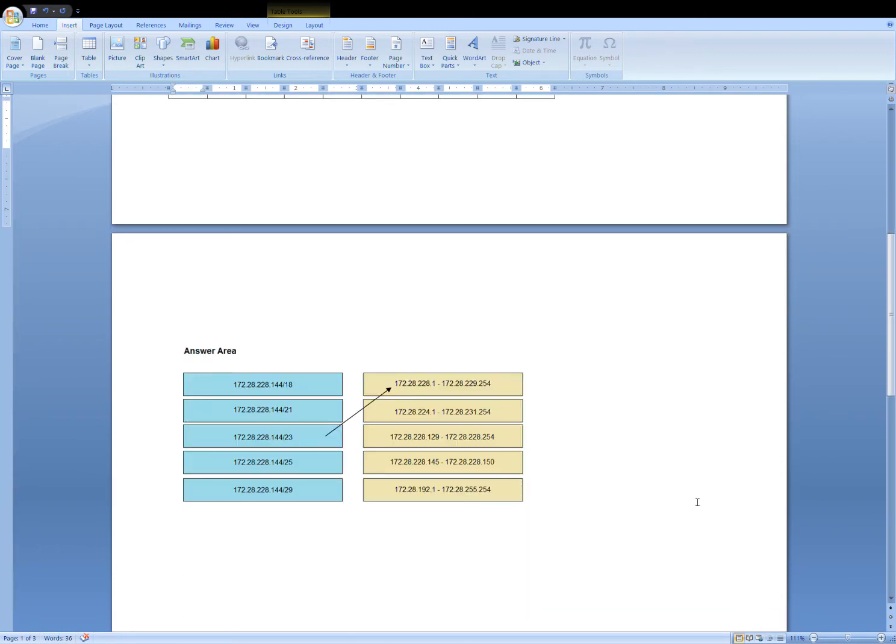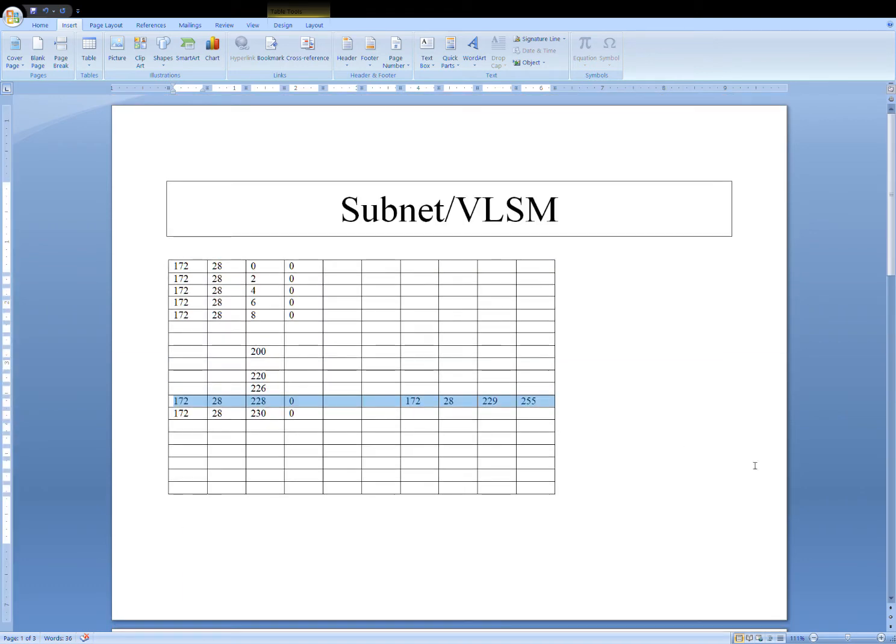But if you look down here, we don't have that match because they're giving you the ranges of the first usable and the last usable. Well, you can't figure those out unless you know the network and the broadcast address, because the first usable is always one more than the network, 0 plus 1.